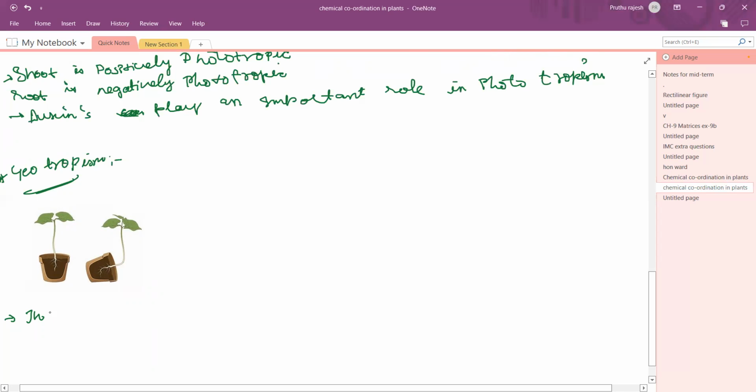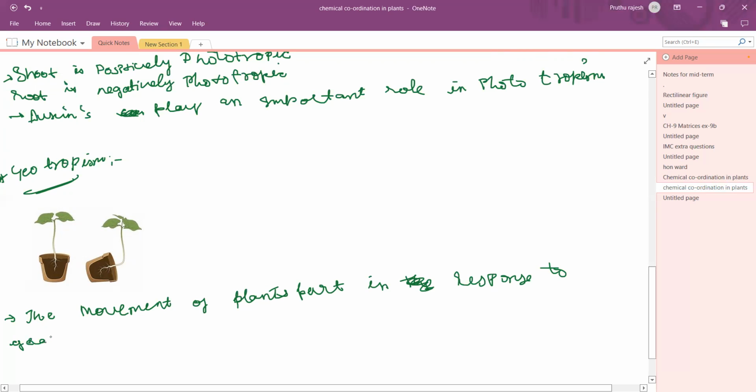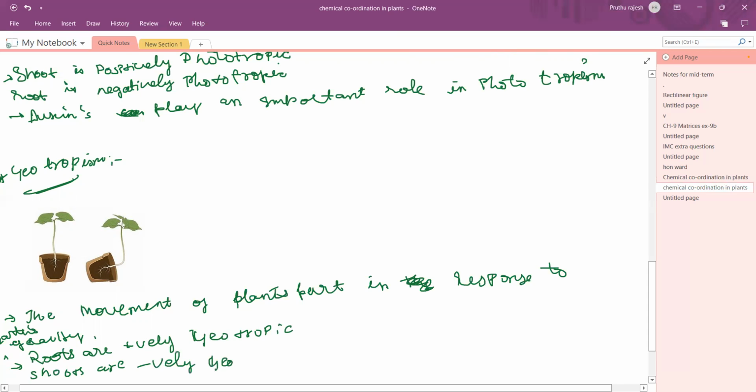So the movement of the land part, the roots are growing that way.